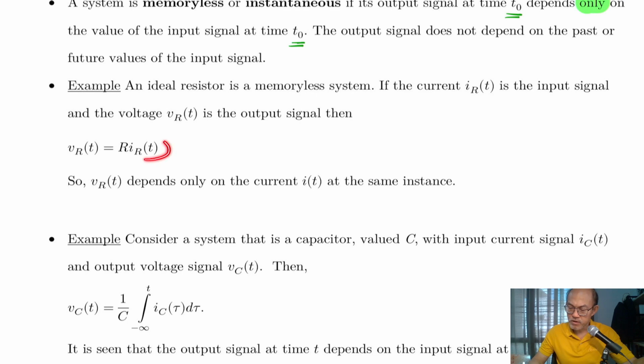It only depends on the present current. And the value of R doesn't change with time because it's an ideal resistor, it is constant over time. So an ideal resistor is a memoryless system because the output doesn't depend on the past or the future, it just depends on the current value of the current.